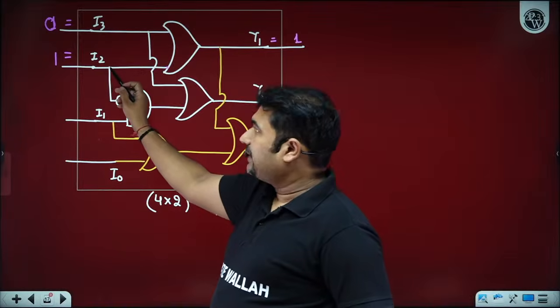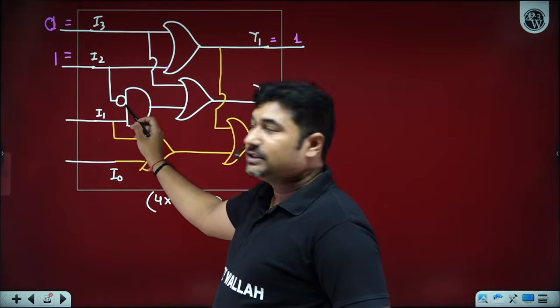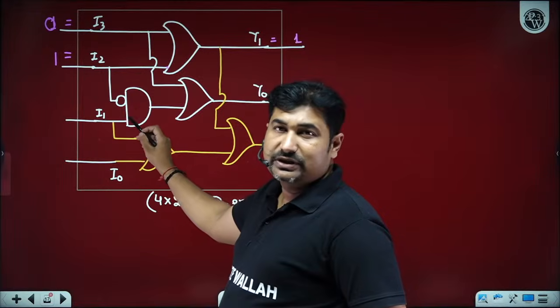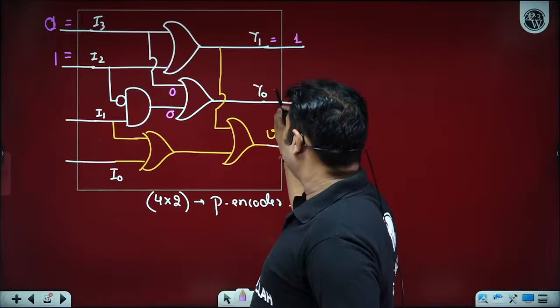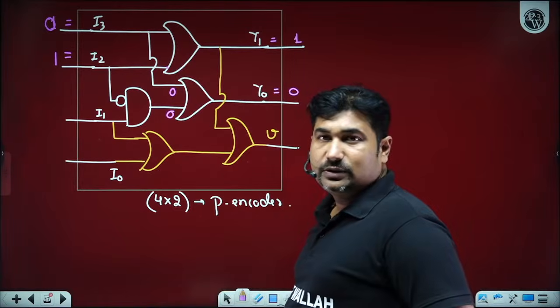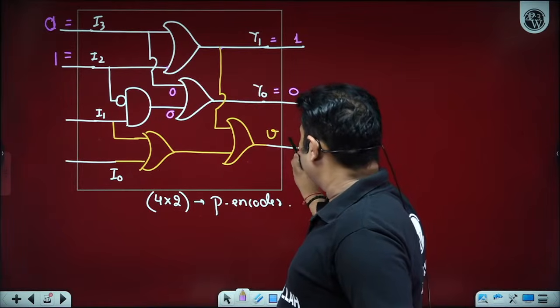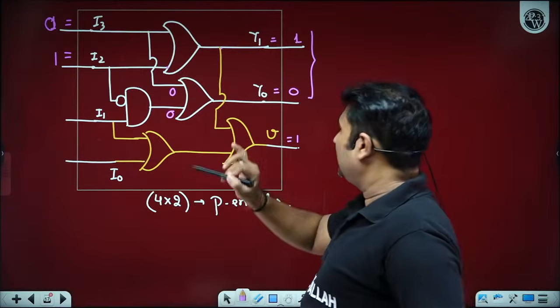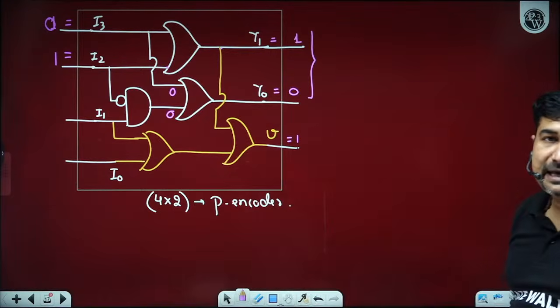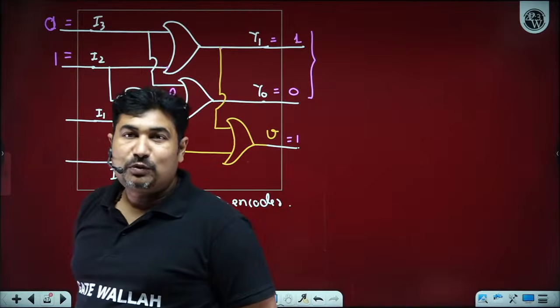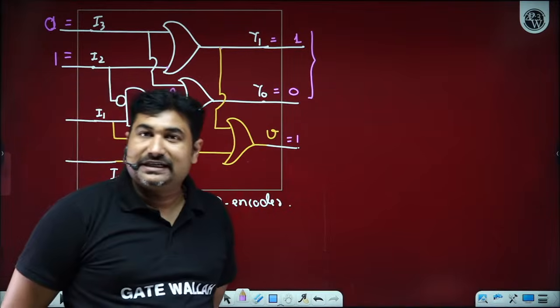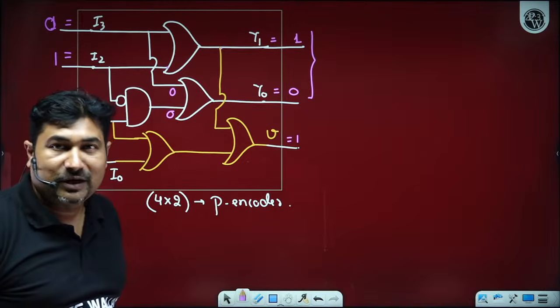And we have I2 high, so its complement is 0, and on the AND gate, if one input is 0, the AND gate will give 0. So this is definitely 0. Is it okay? The first one is 1, so this is also 1, indicating binary of 2, and the valid output indicator is high. So in case I3 is low, you can observe the output only depends upon I2. It does not depend upon I1 and I0.